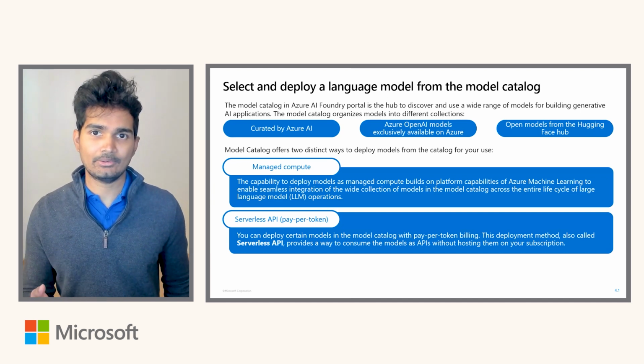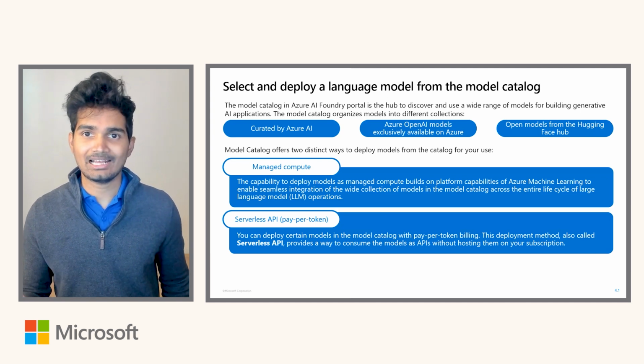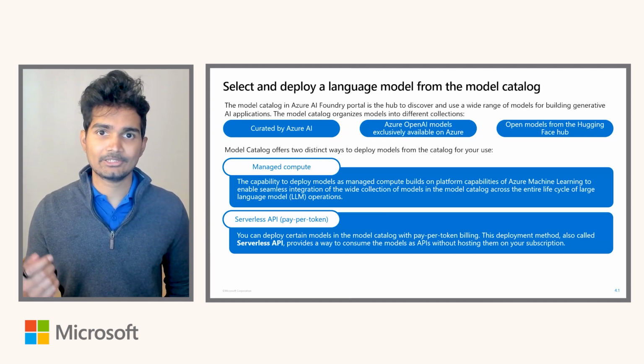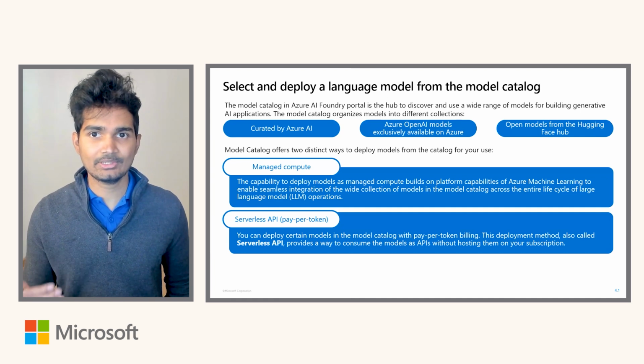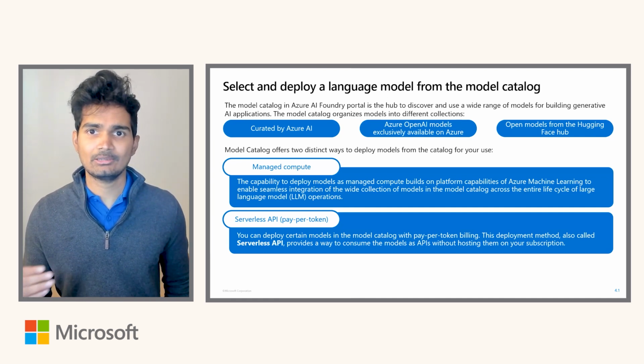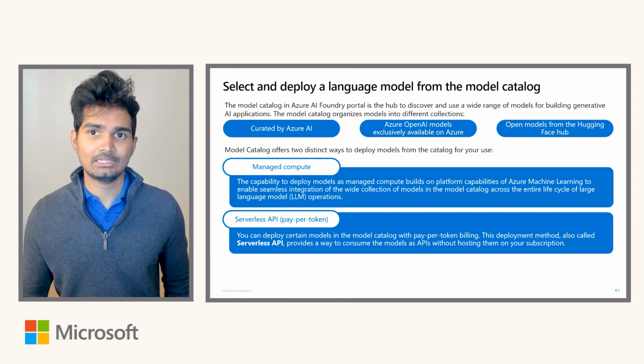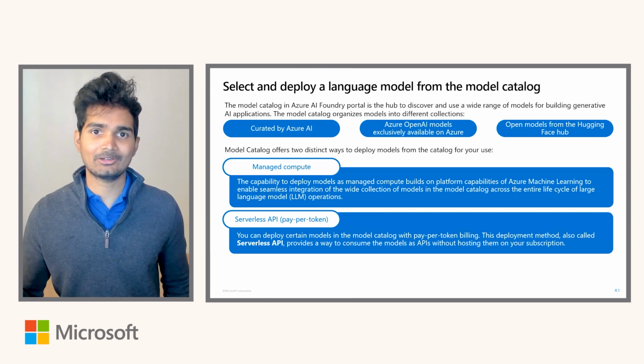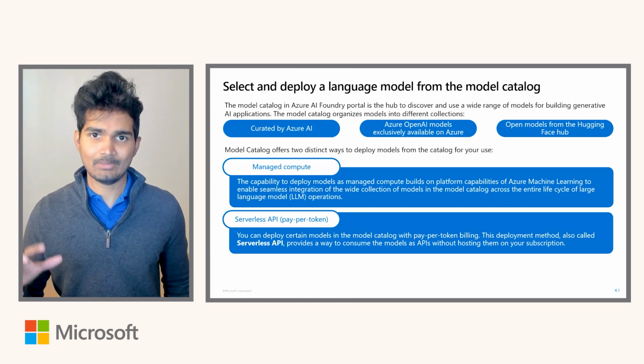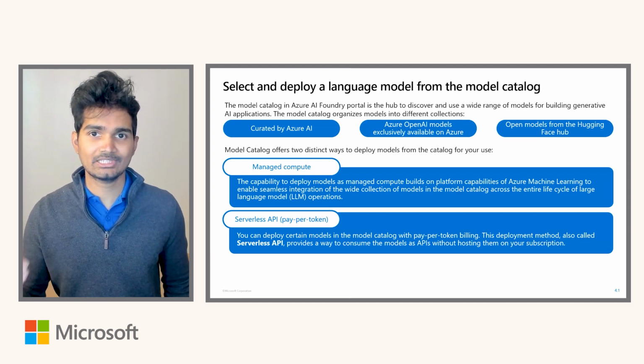To deploy the model, it can be done in one of two ways, via managed compute and serverless APIs. Managed compute allows you to seamlessly build on top of Azure Machine Learning across different large language model operations. Serverless APIs, on the other hand, offer a pay-per-token billing model to consume the models as APIs rather than hosting them on your subscription.